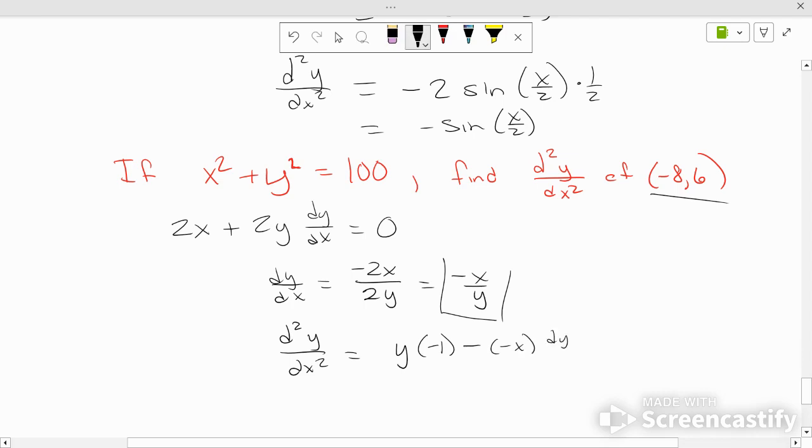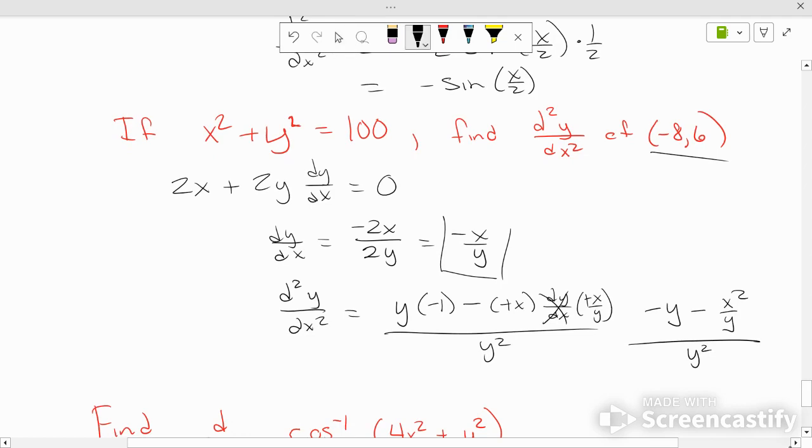Times dy dx, all over y squared. And we said dy dx was negative x over y. So plus a positive here. So it's negative y minus x squared over y, all over y squared.